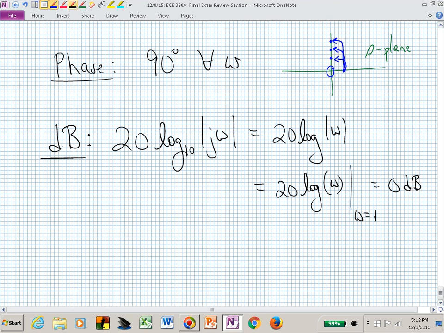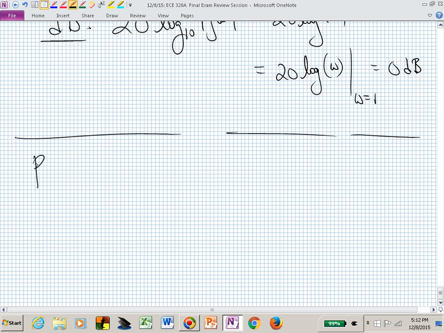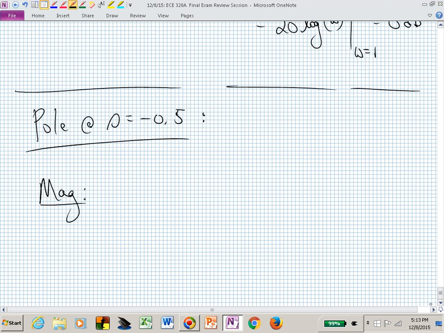What about the pole at 0.5? If you were writing this down, how would you do it? Now we do have two pieces, don't we? We have a flat piece, and then we have a sloping piece. And since this is a pole, it's downstairs, we know the slope is minus 20 dB per decade.